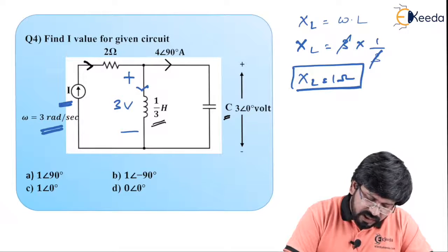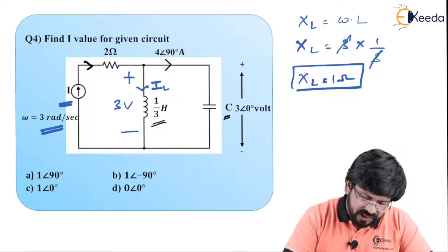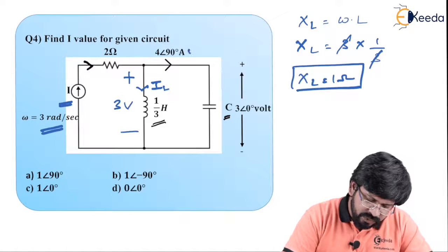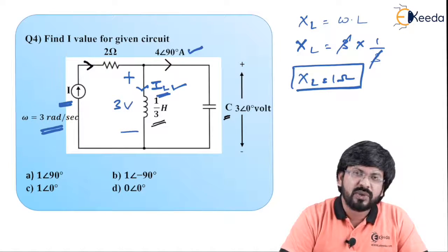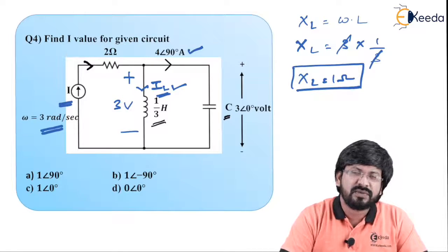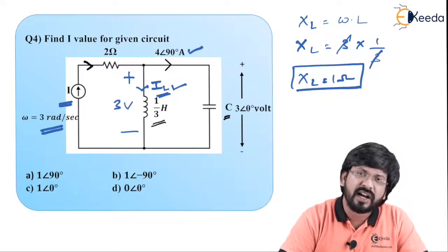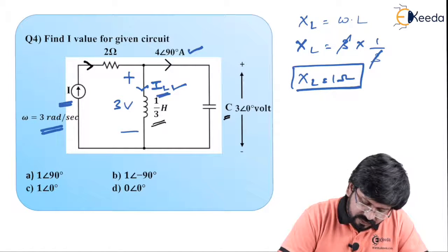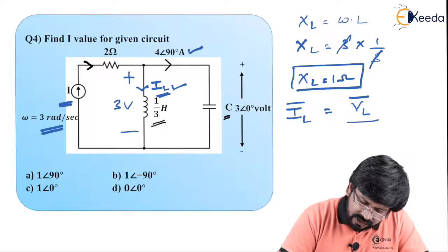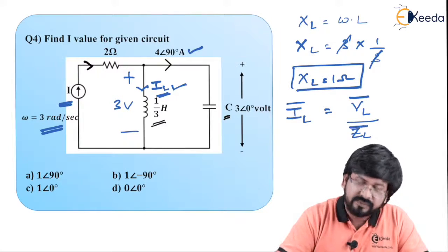Suppose if I manage to get current through L, then everything will become easy, because current through capacitor is already known to me. Current through L and current through C can have vector addition, which will give me together the total current I. So somehow I have to get IL value now. Current IL is nothing but vector value. I can say voltage across L, that is vector value, divided by ZL vector.